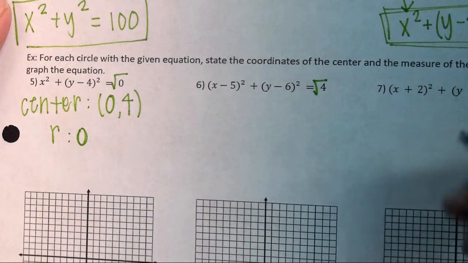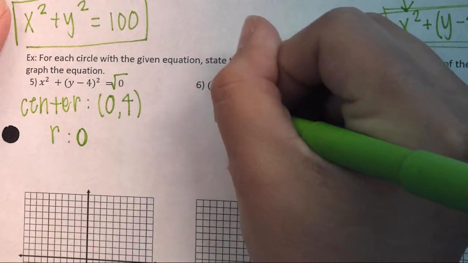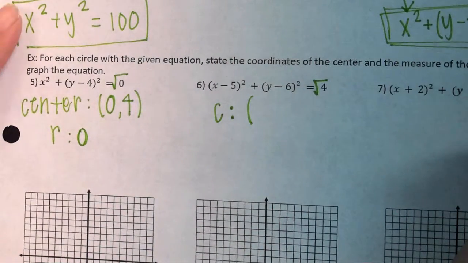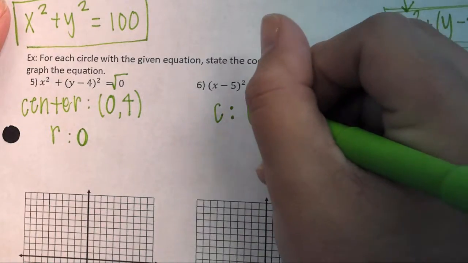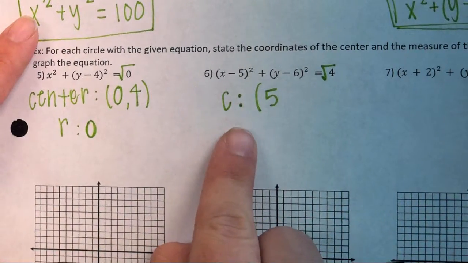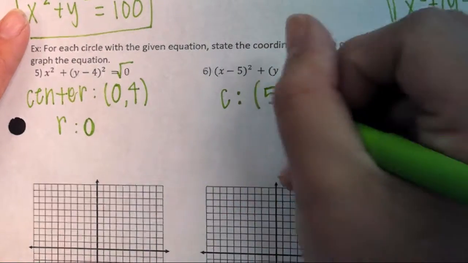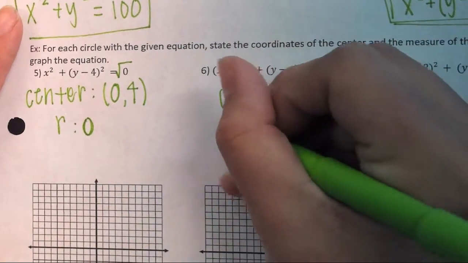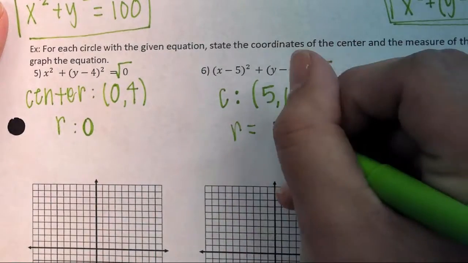Oh, that's it? So what's your center of this one? No. Oh, this one's 0, 4. We're on to this one. 5, 6. And your radius is? 2. Mm-hmm.